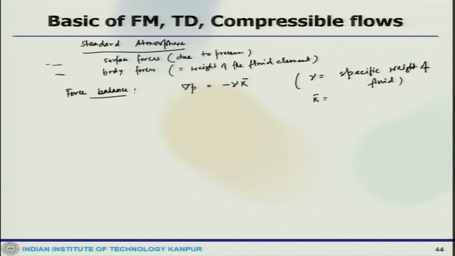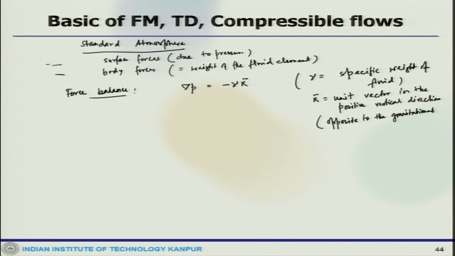And k bar is the unit vector in the positive vertical direction, which means this is opposite to the gravitational force.